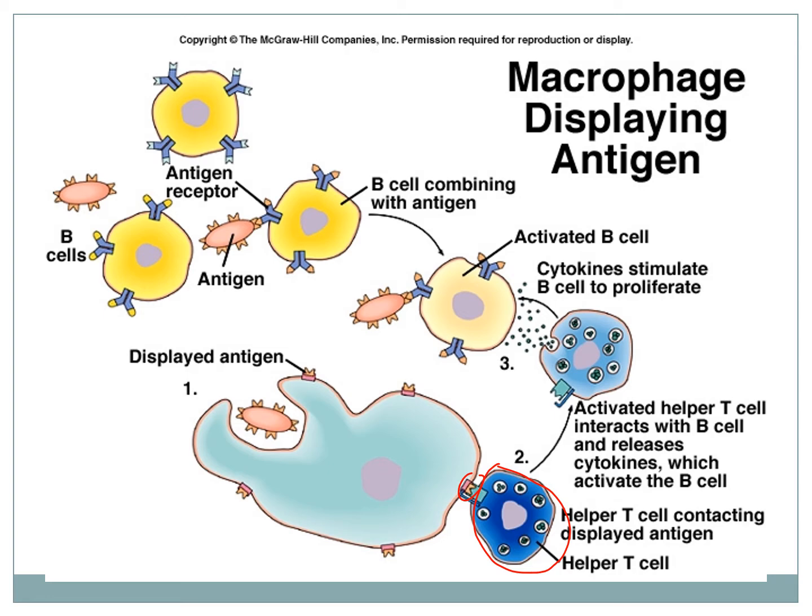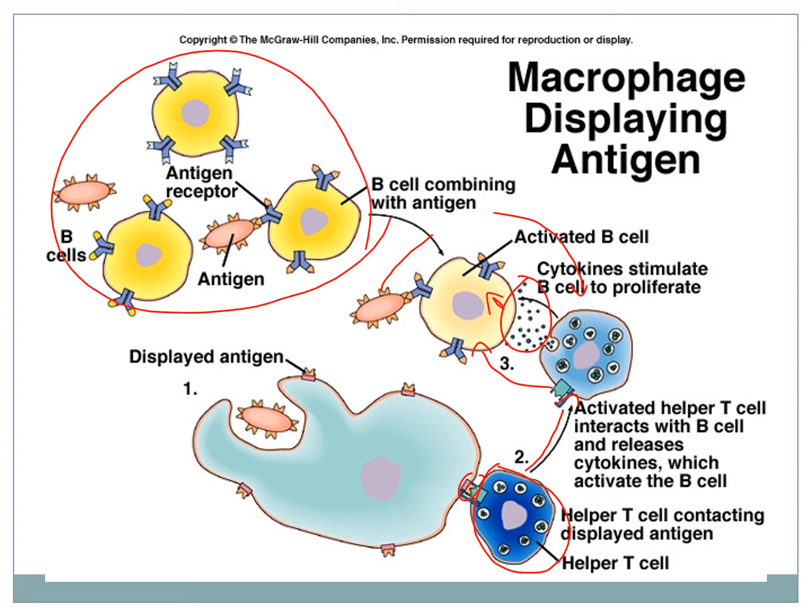It's the helper T cell's job to activate the rest of the immune response. From there, it has a choice. It can either travel to a B cell and present the antigen to them, or if the B cell has already registered the same antigen, it releases cytokines in order to stimulate B cell proliferation.